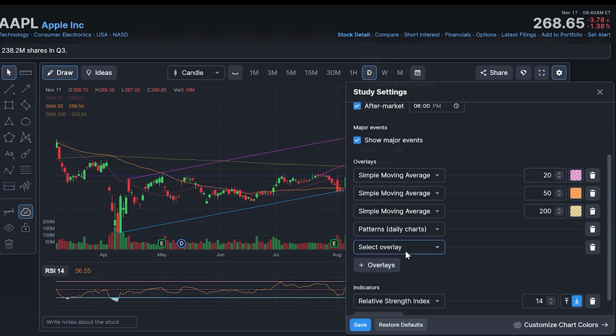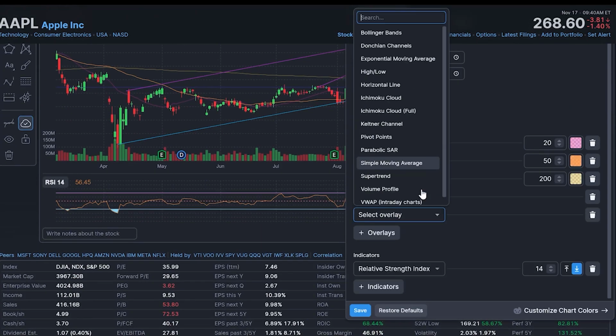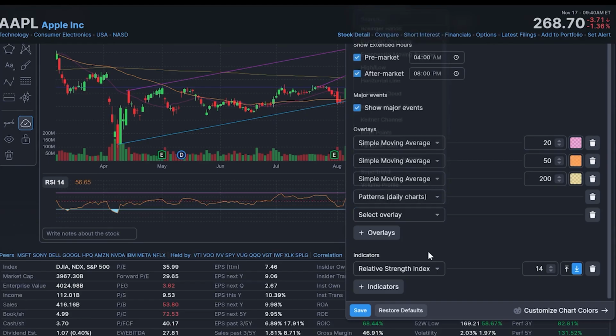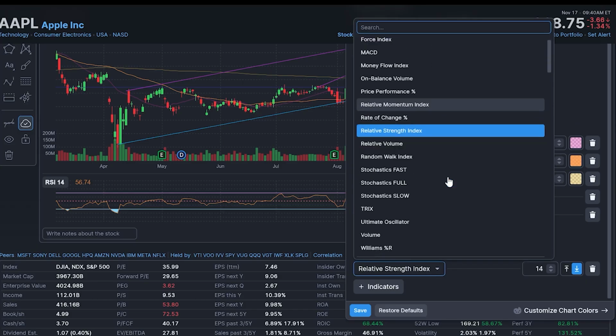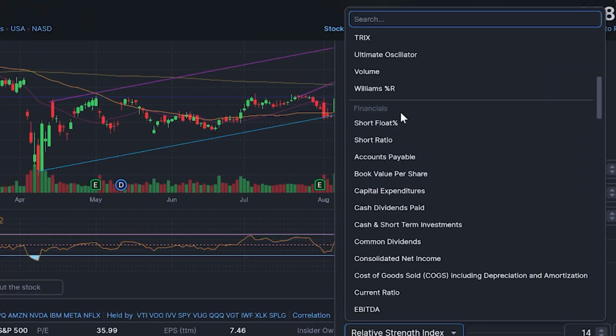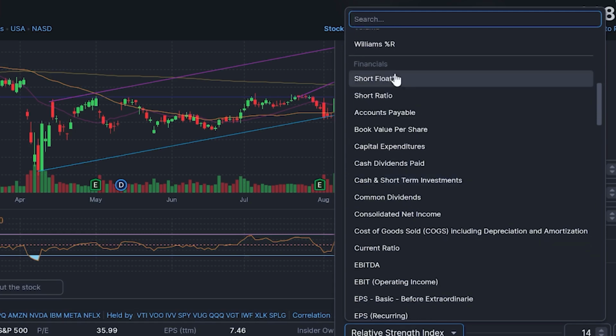It does come with quite a few options, but not as many as you'd expect. There's about 20 to 25 of the most popular indicators and overlays in this platform. But you're not going to get that list of like 200 plus indicators that you do with something like TradingView or even StockCharts.com. One thing I do like about Finviz is that you can pretty quickly add financial metrics to your charts.